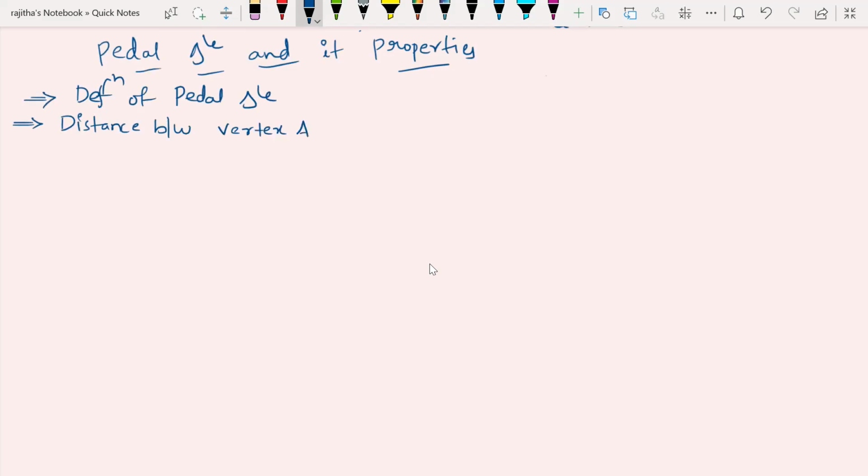vertex A to orthocenter. After that, the distance between orthocenter to foot of altitude.